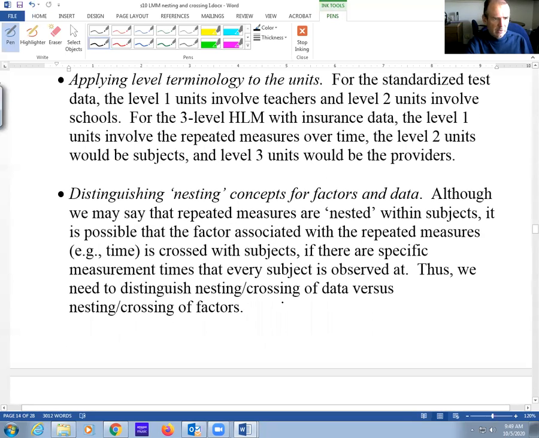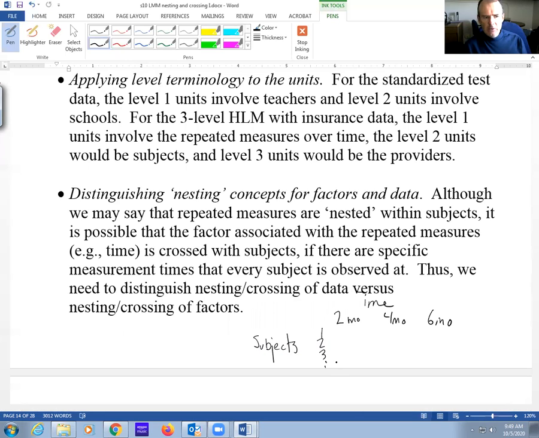For this example, if we have a design where we're looking at, let's say, 2 months, 4 months, 6 months, and we take those same measurements on subjects 1, 2, 3, and so forth at those time points, then those factors are crossed, even though the repeated measures are nested within subjects. So the data are nested, the factors are crossed.